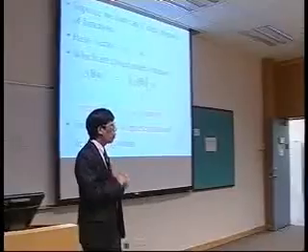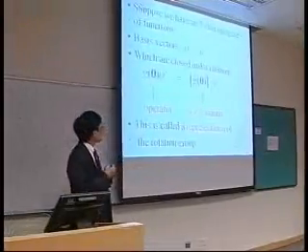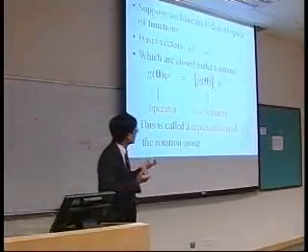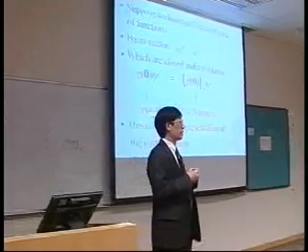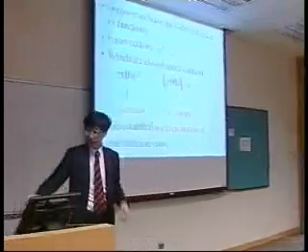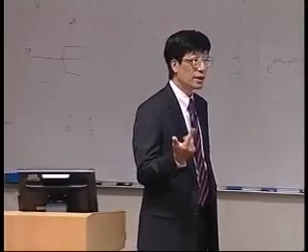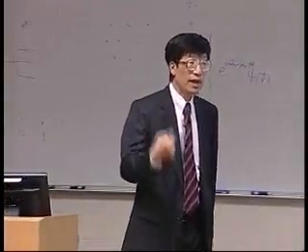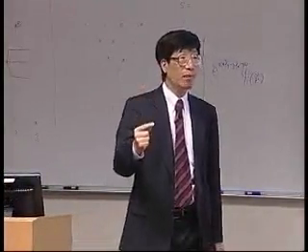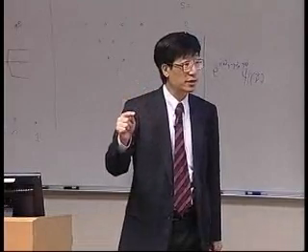Now, if it is closed, then if I operate on, say, basis function i, so that's the left-hand side, all right? So if I use a rotation operator operating on basis function i, the end result is still in that subspace, therefore can be written as a linear combination of all the basis vectors.